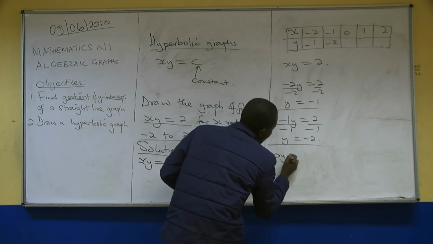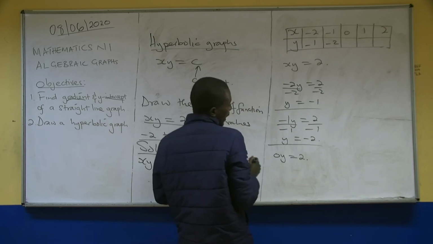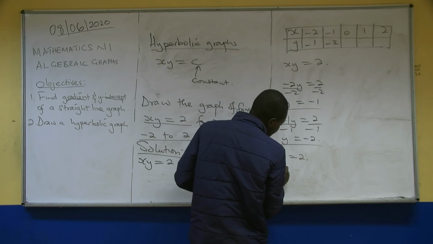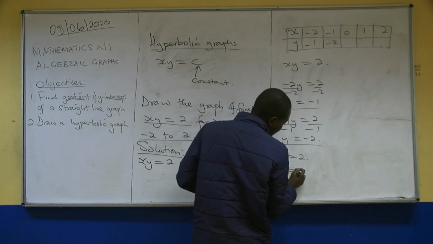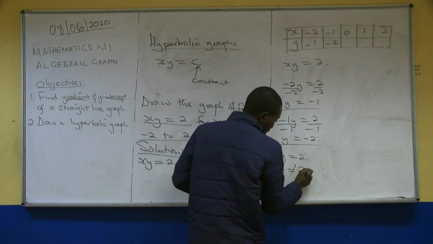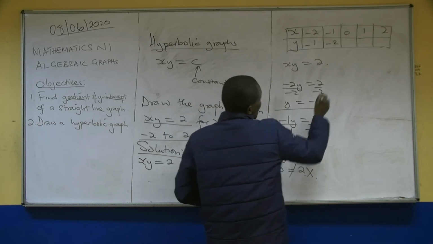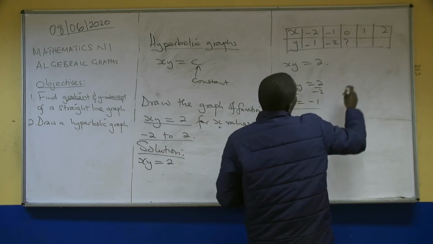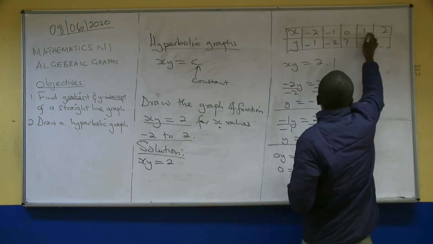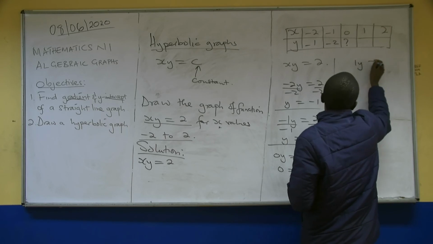Similarly, if x is 0, I have 0y is equal to 2. In this case you find that you get 0 is equal to 2, which is not correct. We will explain that. We'll put a question mark at that point.